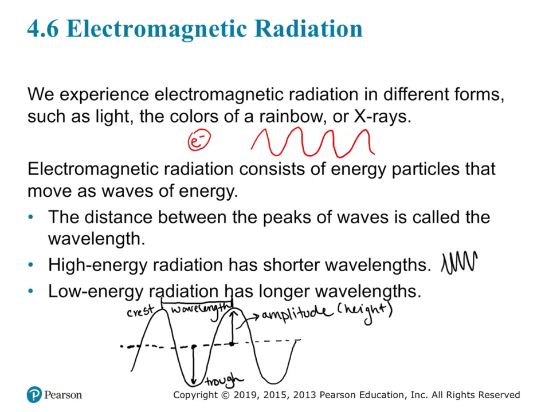So it would be something like this, where it's just super quick and the waves are really close together. And then low energy radiation has longer wavelengths. So the distance between the peaks is very long.